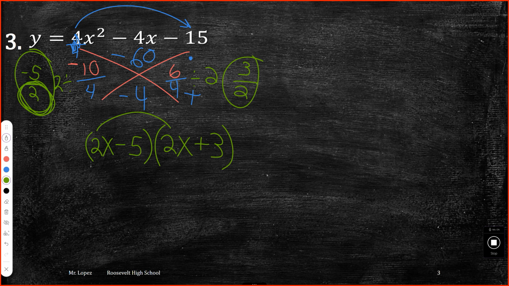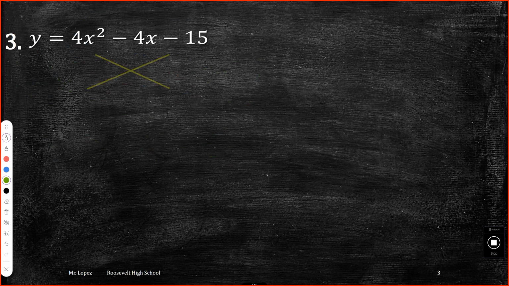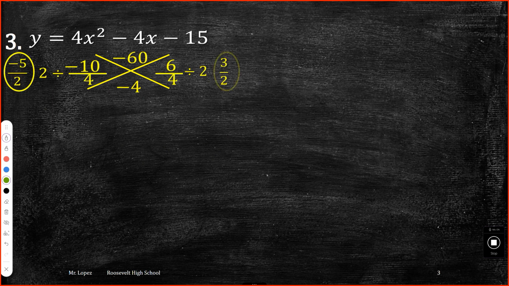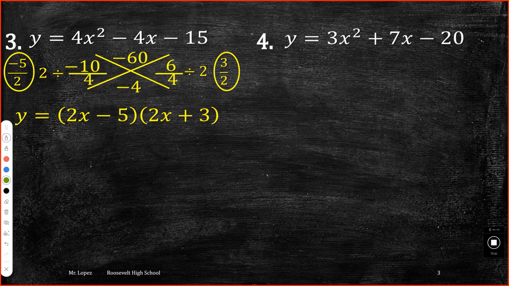So that's how I know that this is correct. So then just put the y in front, and you're done. There's that. All right. Your turn. Let's go. Let's try one.